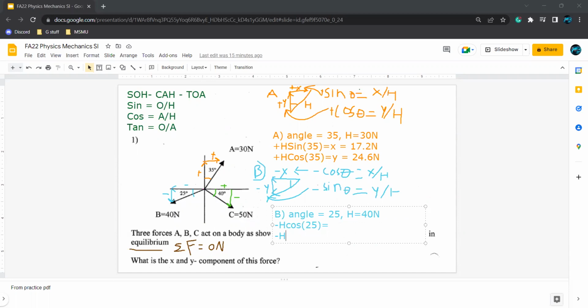And then negative h sine, angle 25. Then I'll plug that in right now.